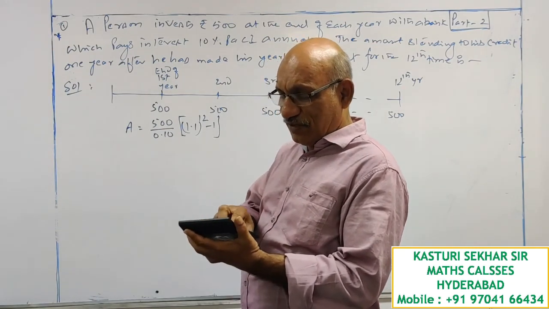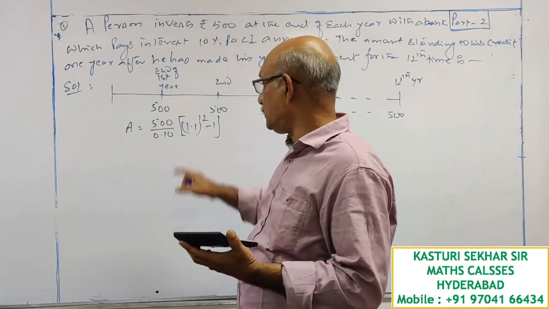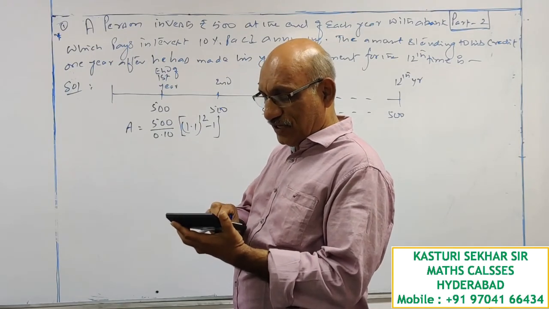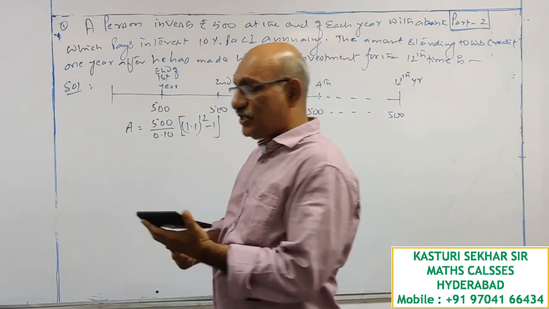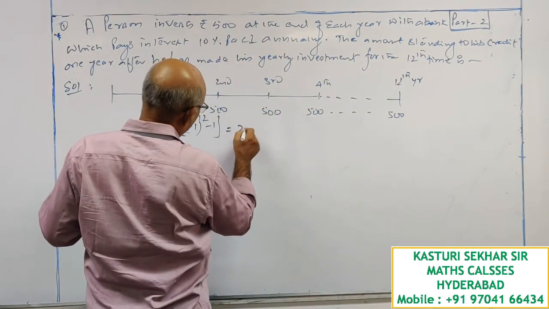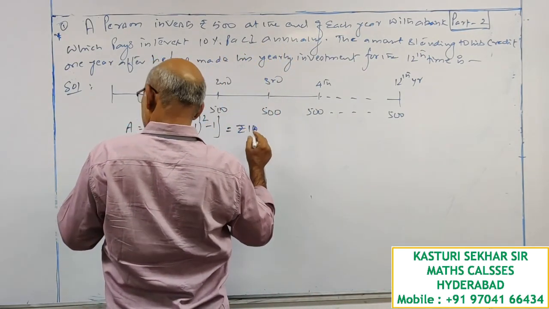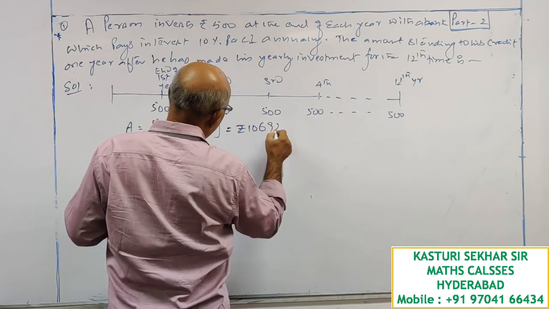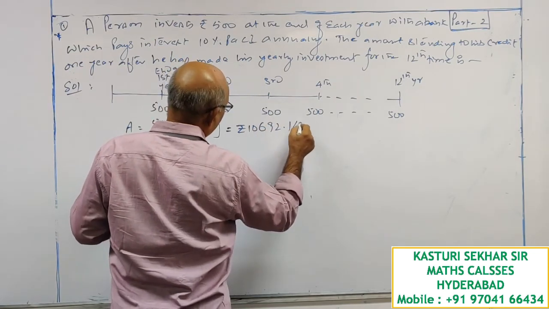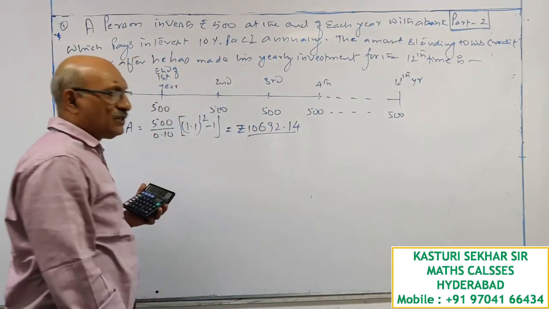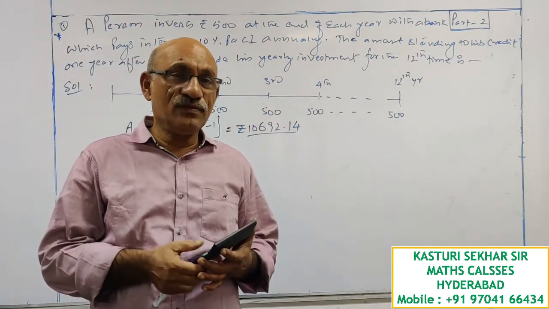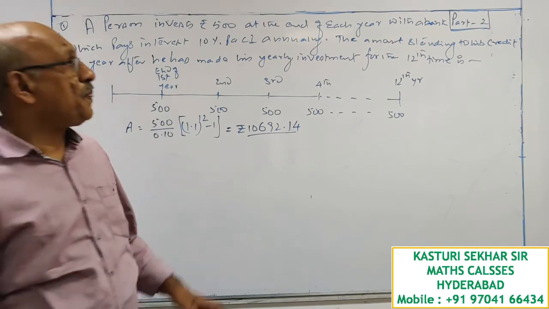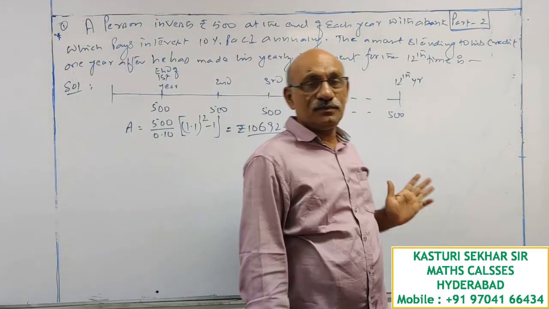Minus 1 is equal to. This is multiplied with 500 is equal to. Divided by 0.10. This is equal to rupees 10,692.14. 500 rupees at the end of each year he deposited 12 times.